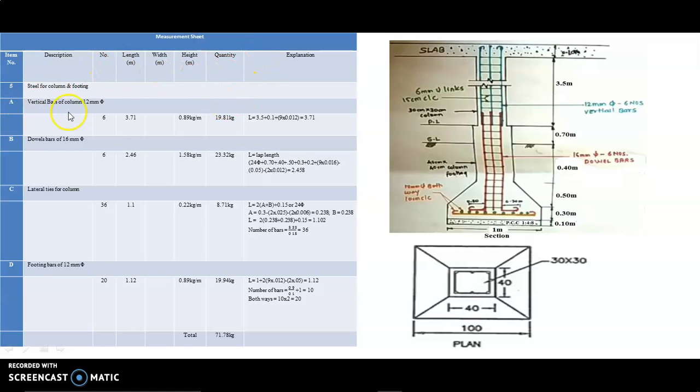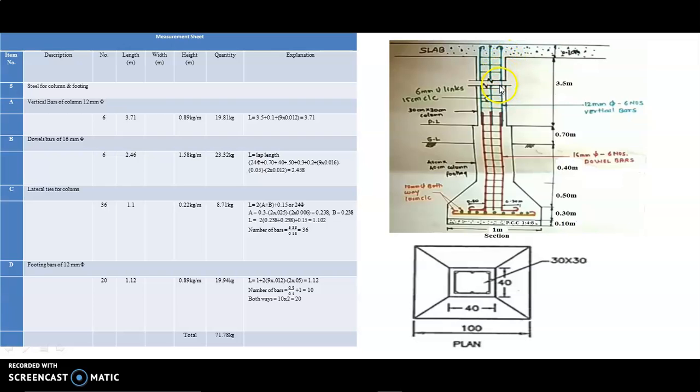First we take the vertical bars of the column, which are 12 mm in diameter, and the number is 6, so we write the number as 6. But for calculating the weight, we need the length of this bar.